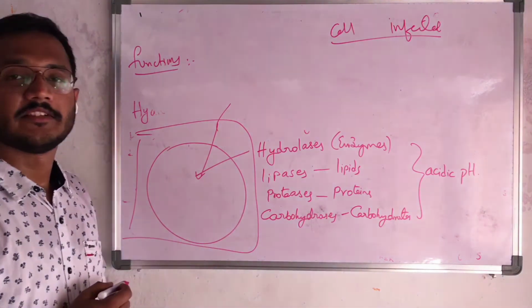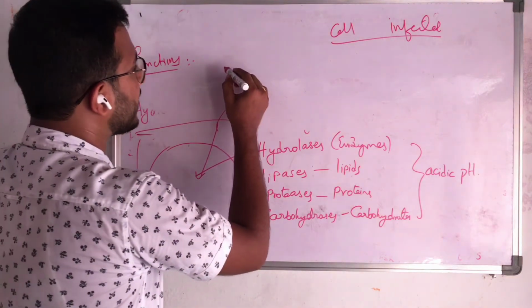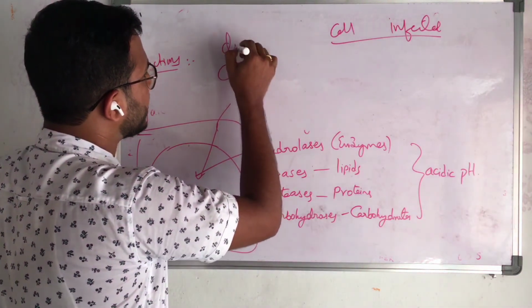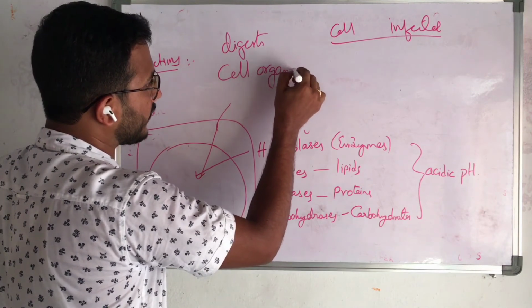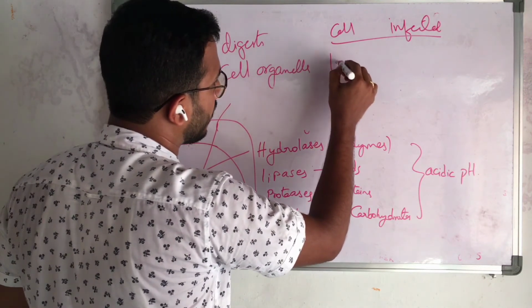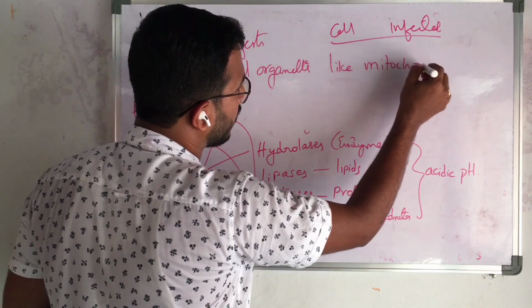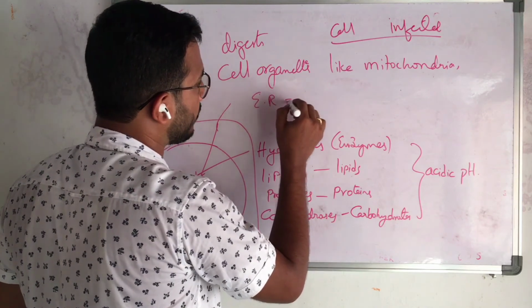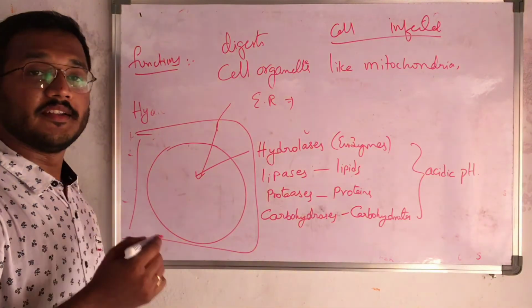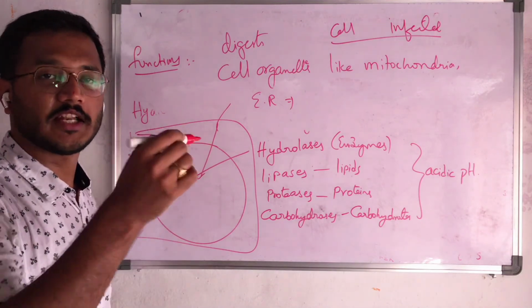These hydrolases will be released by the lysosomes and they will digest other cell organelles, like mitochondria and endoplasmic reticulum. That means a cell is digesting its own cell materials, its own cell organelles.